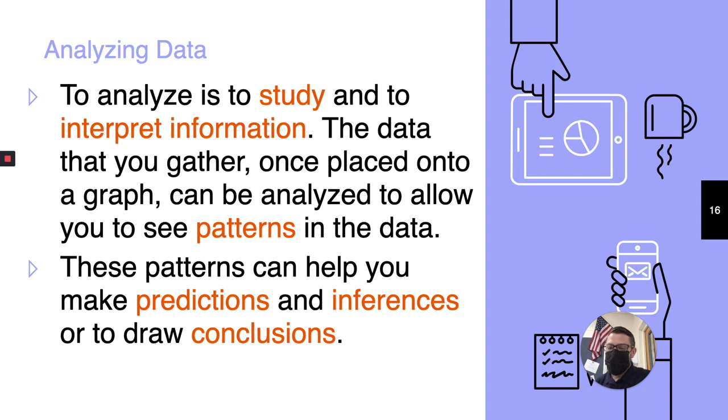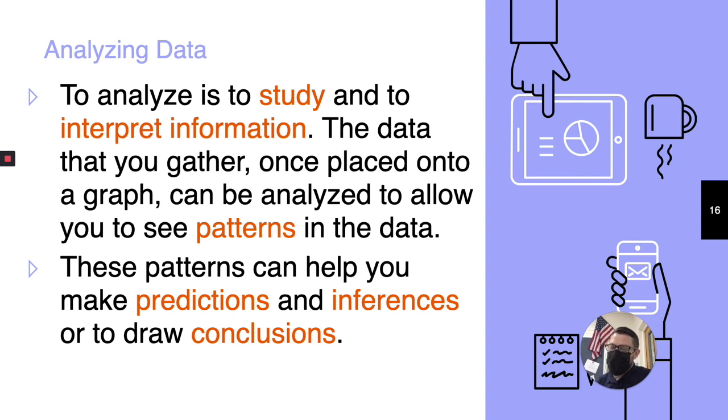And there's a couple different things that we can do with data in this fashion, and these are relevant because this is often what's asked of you on like the EOC, or if you take a more advanced science class like an AP science class, they're going to ask you to make predictions and make inferences.